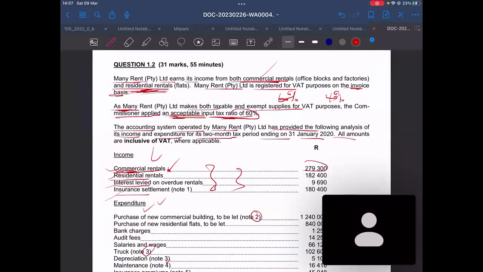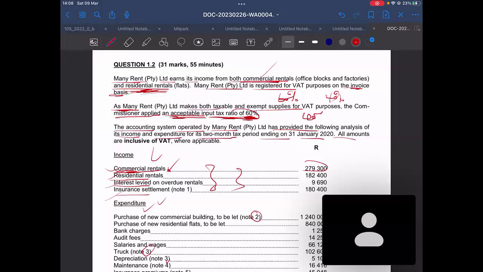So how much of it relates to exempt is 40%, because we're given a ratio here, 60% and 40%. 60% is your standard rated, then 40% is exempt. So when it comes to input VAT, we're going to apportion it using this ratio.